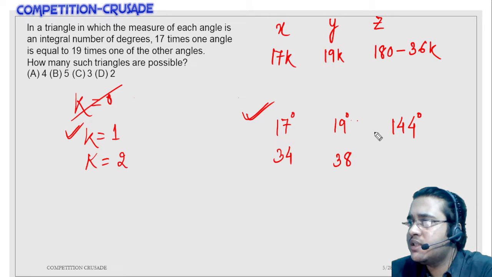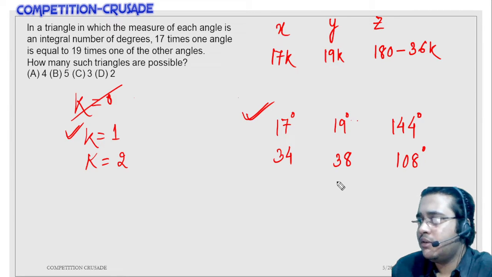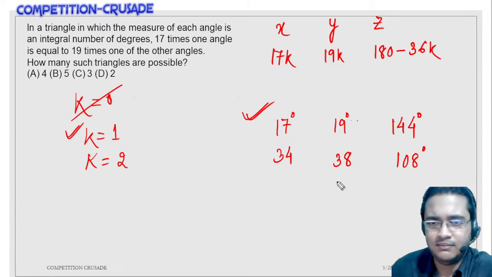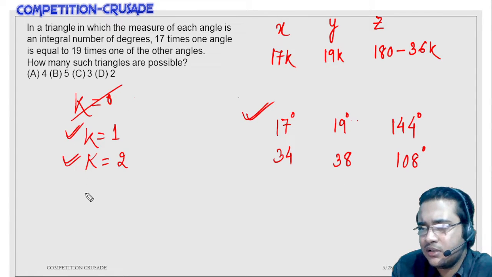So 70 goes, so 110 minus 2 is 108. So this is 108. Now tell me, is this acceptable? Pretty much acceptable, because 34, 38, 108 add up to 180. So this triangle is also acceptable.